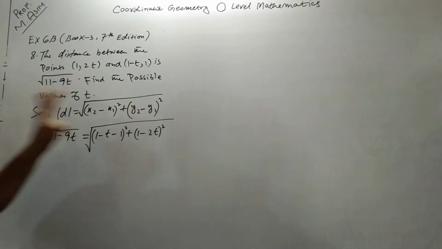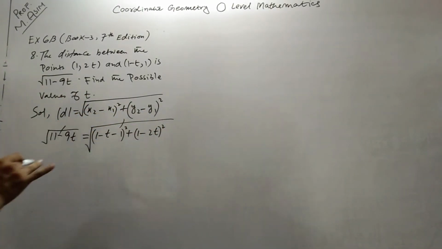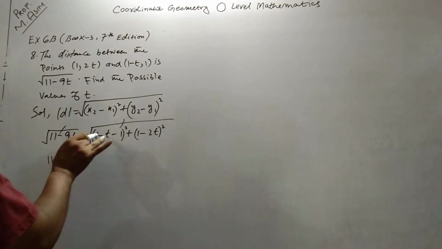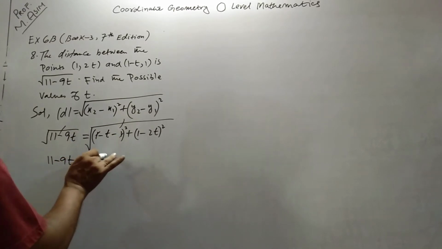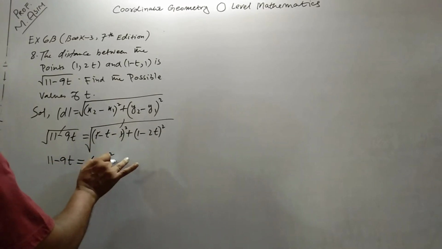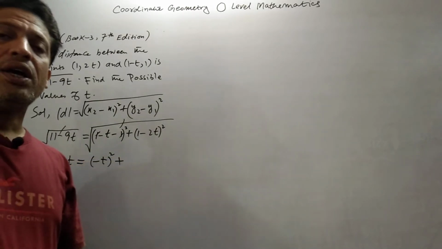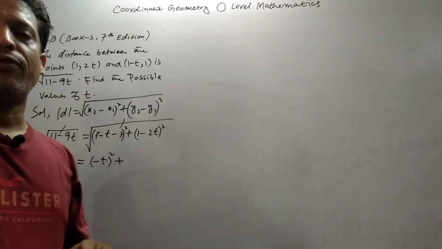If you see square root on both sides, you can directly cancel both the square roots like this. So 11 minus 9t is equal to 1 cancelled by 1. So only remaining is minus t square, and this 1 minus 2t whole square should be expanded by using the a minus b whole square formula.